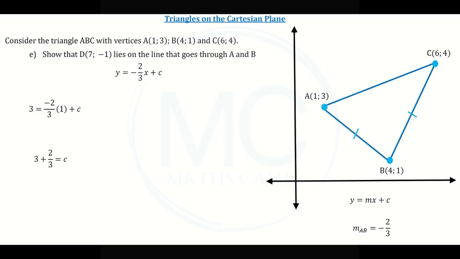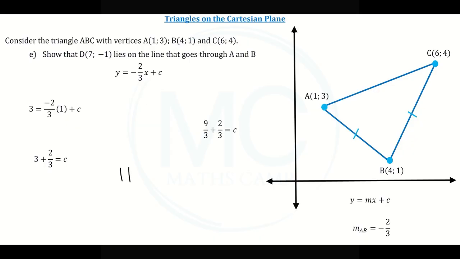Now we need to add these fractions. So let's turn 3 into a fraction with a denominator of 3. And we get 9 over 3 plus 2 over 3 is equal to c. 9 plus 2 is 11.